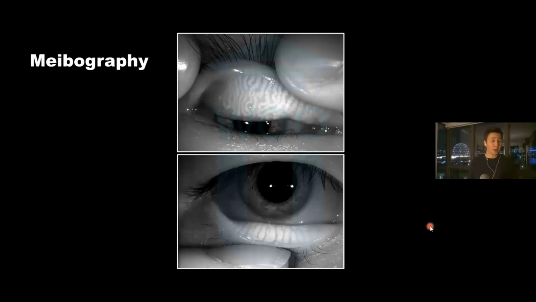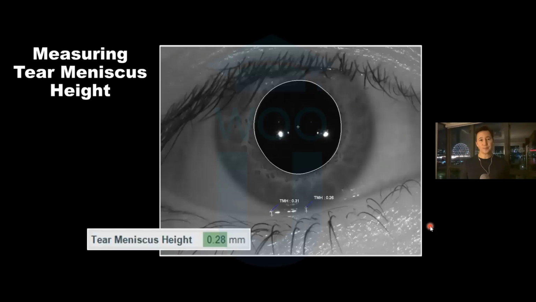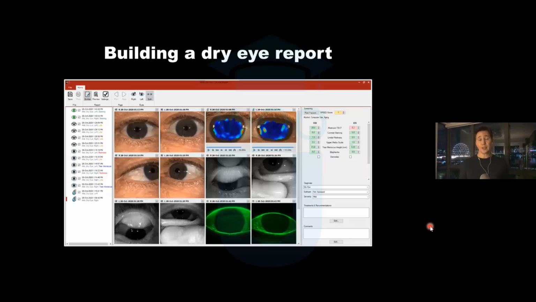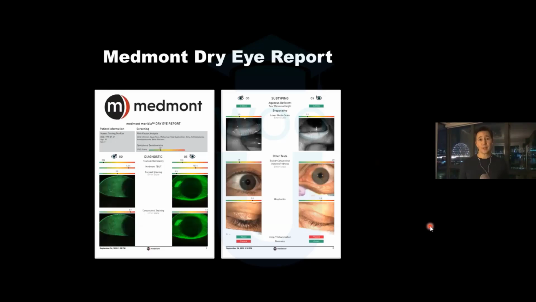We can do myopography because there's infrared light as an option, one of those 3 different illumination sources. Measure tear meniscus height. So you can tell, this becomes a dry eye tool, not just a contact lens tool. Then there's grading scales that help you to build a dry eye report. So this tool becomes so much more than just a corneal topographer.